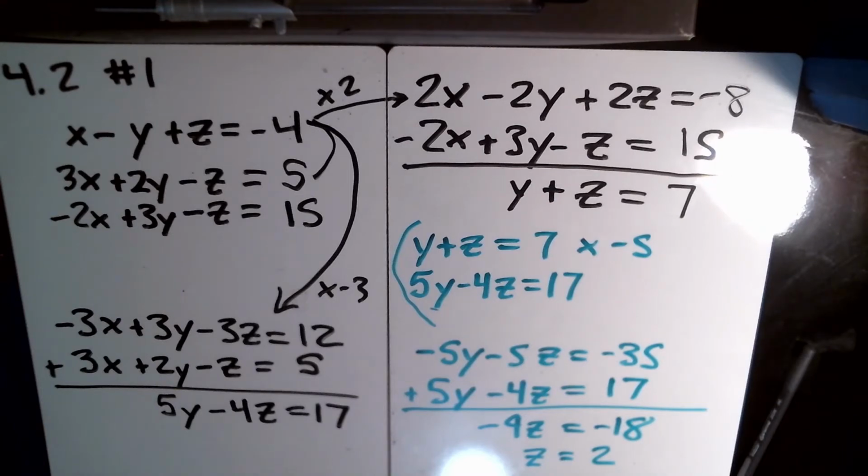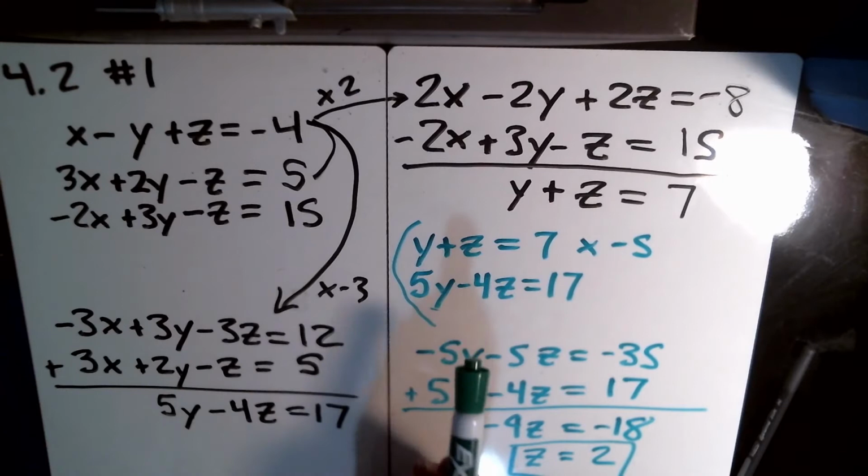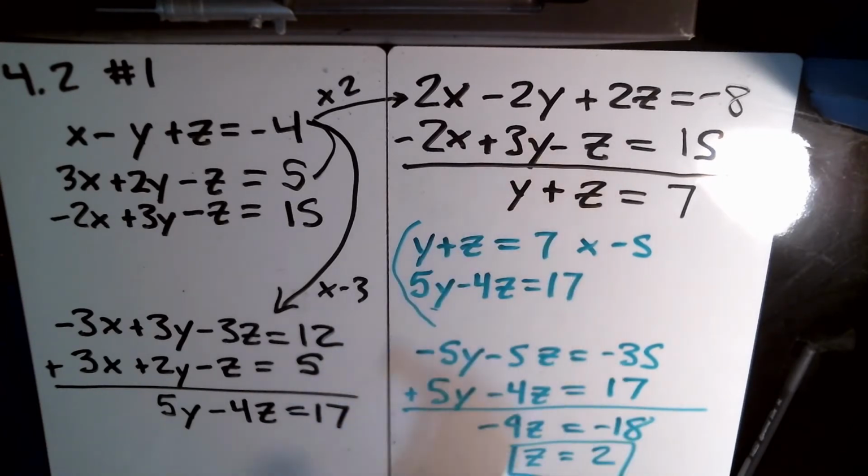So what I'm going to do with the z, and I'm running out of space, so I'm going to have to get a blank board here. Once we have z, we can plug that into one of the equations with just y and z to figure out what y is.